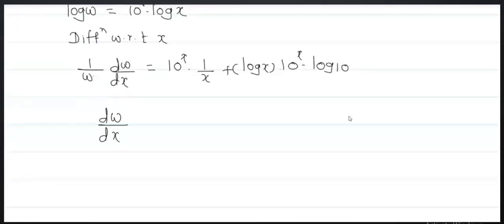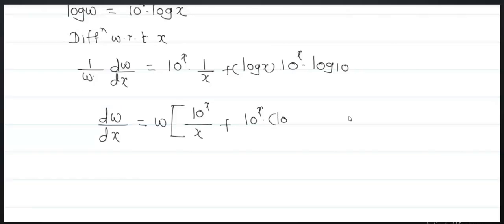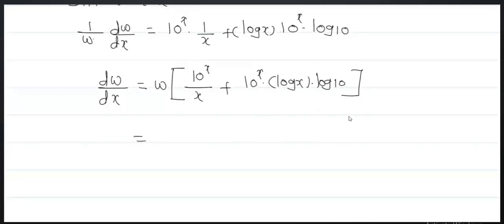Therefore, dw by dx is equal to w in bracket 10 raised to x upon x plus 10 raised to x log of x log of 10.